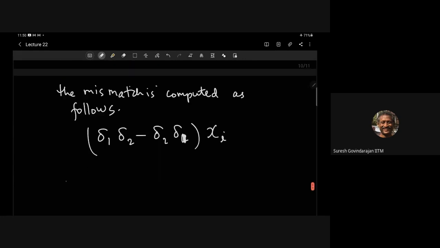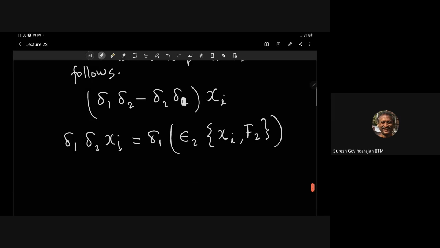Let's first do delta 1, delta 2 acting on x_i. So this is epsilon 2 times the bracket of x_i with f2.